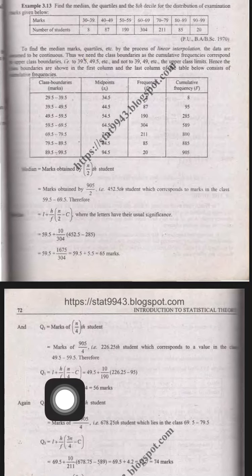The value of c is the value preceding the model class, the value right above 285, which is 95. I am putting all these values in this formula, and I got the result 56.